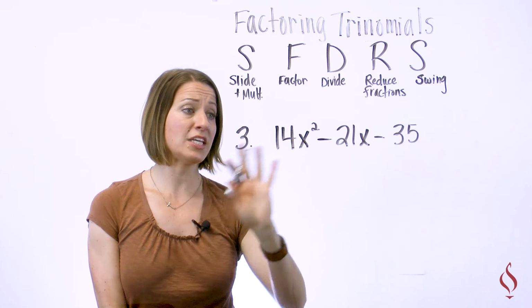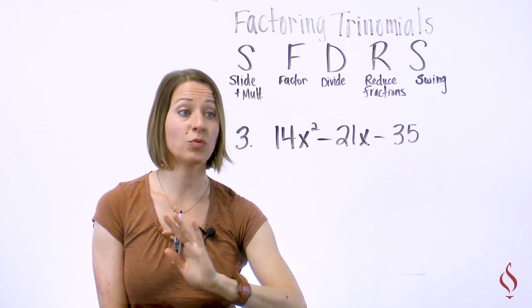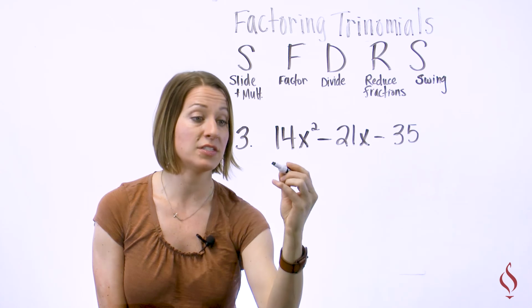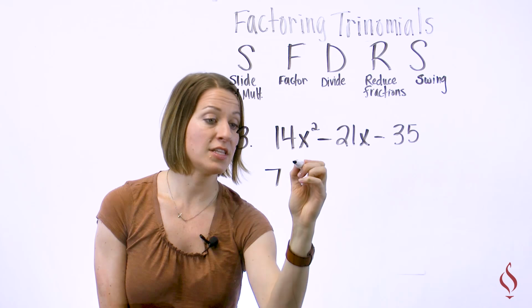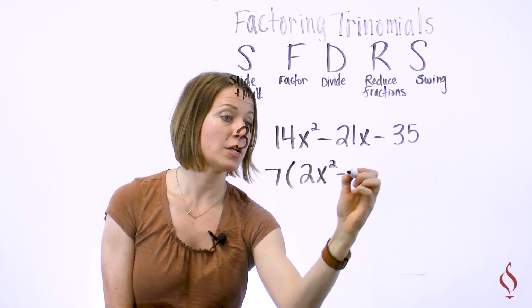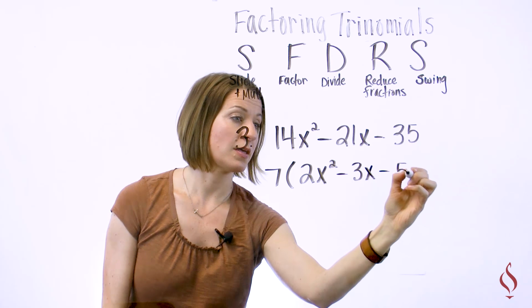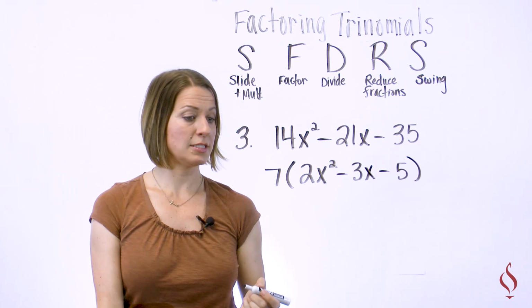So before we even work through our Swedish fish acronym, we're going to first take out the 7. So we'll have 7 on the outside, and this is 2x squared minus 3x minus 5, close parentheses.